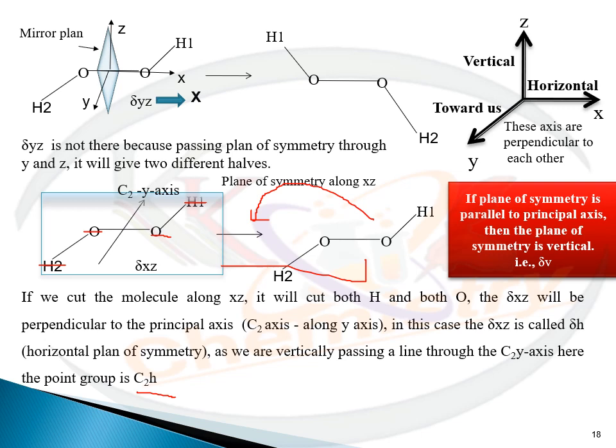As you know, this y is toward us. If it is toward us and we just pass a plane vertically, then this y plane will be perpendicular to the xz plane.